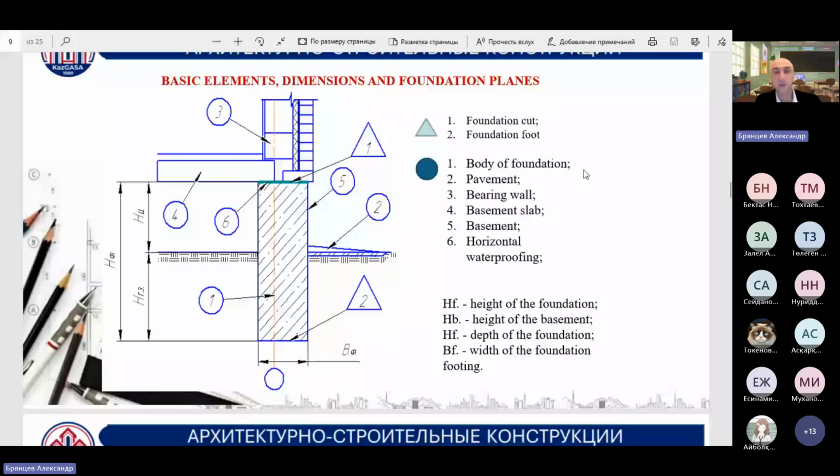Each of these components or elements of the building has its own requirements and characteristics. Some of them are located in the top part of the foundation, some in the ground part, in the bottom of the walls, some of them near the soils, and so on.